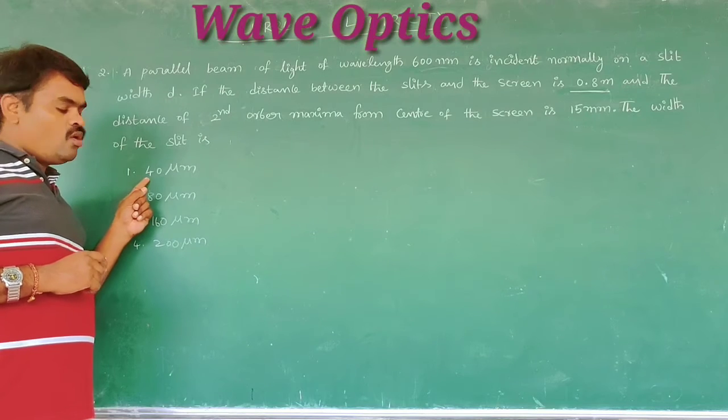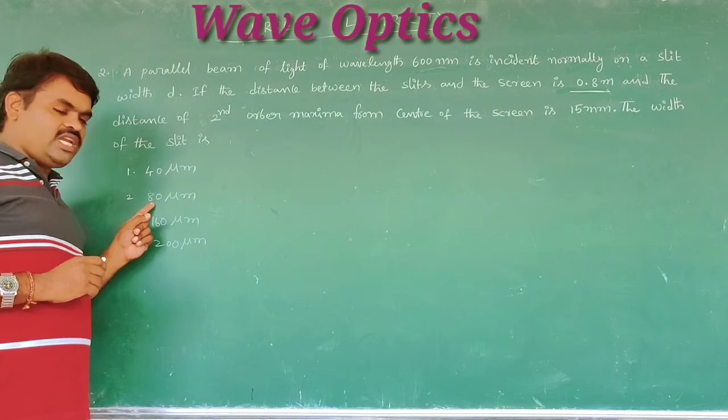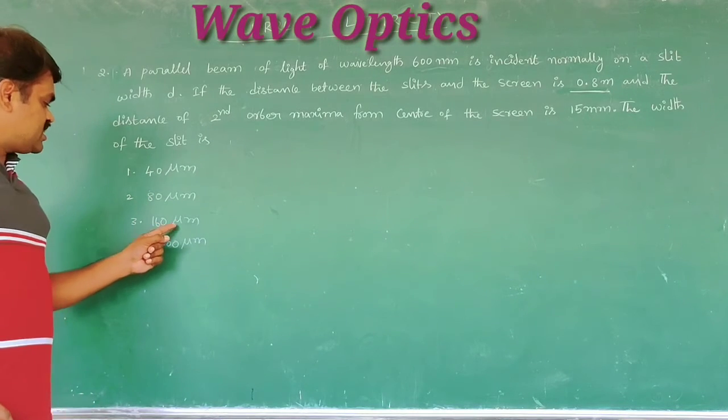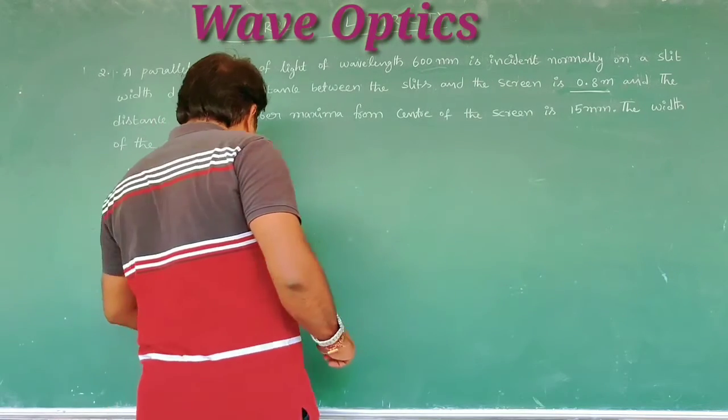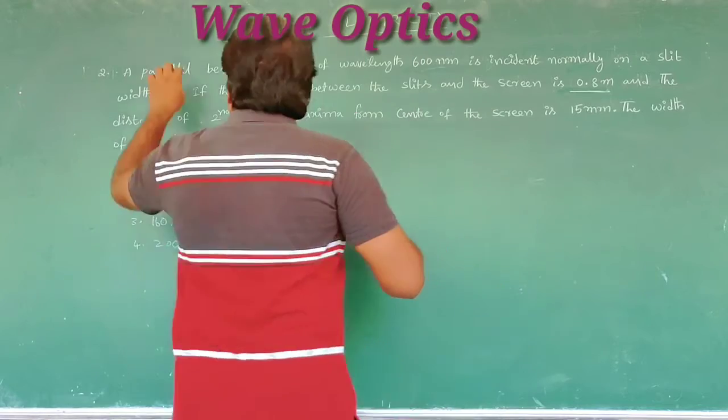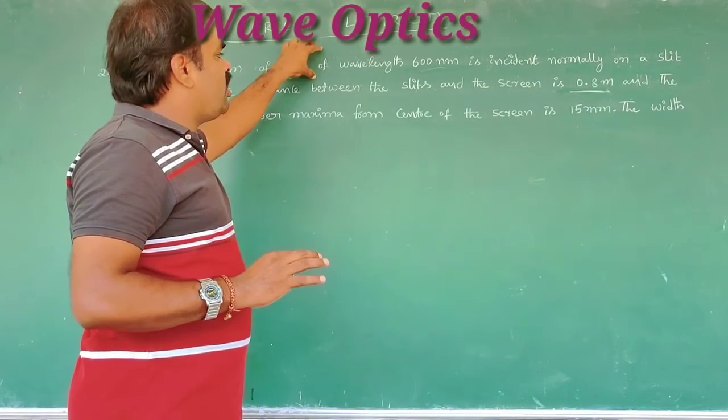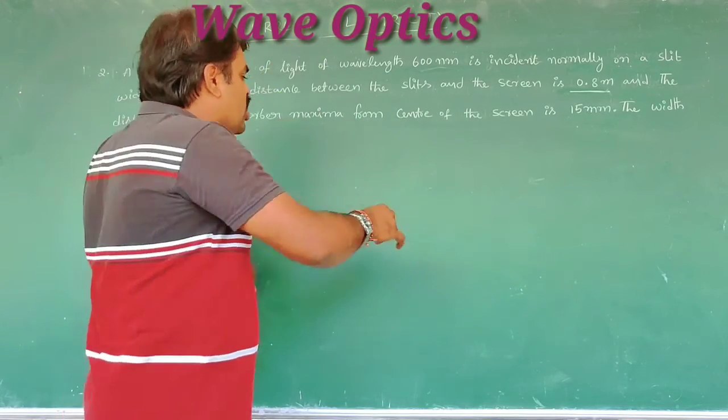Options given: 40 micrometer, 80 micrometer, 160 micrometer, 200 micrometer. In this problem a parallel beam of light of given wavelength is incident normally on the slit.